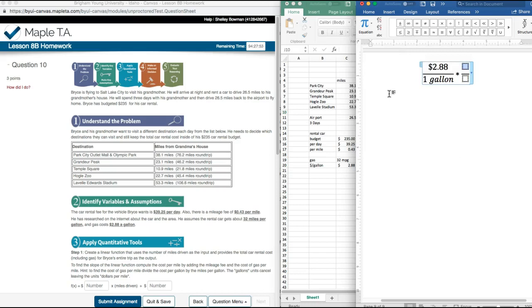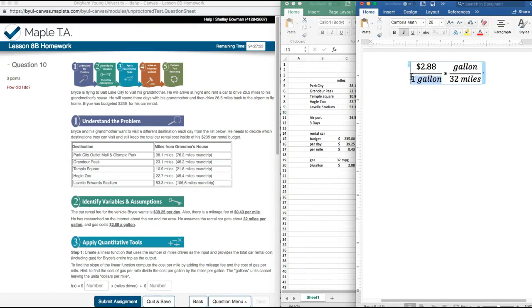So if I have gallon on the bottom, I want to get rid of gallon on the top. So I'm going to put 1 gallon up here. And then it was 32 miles per gallon. So 32 miles, and then the gallons will cancel.